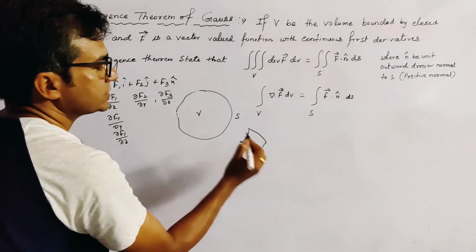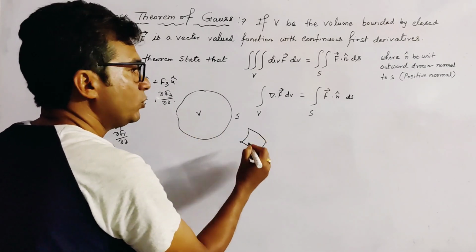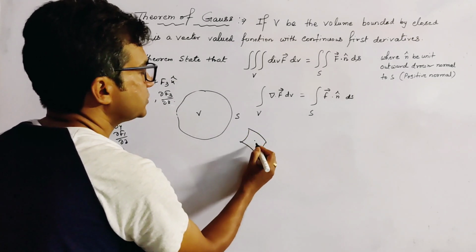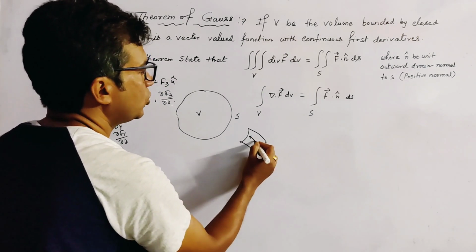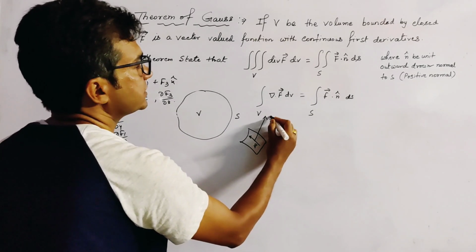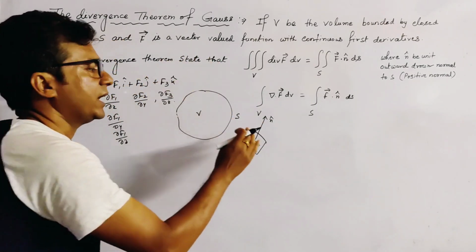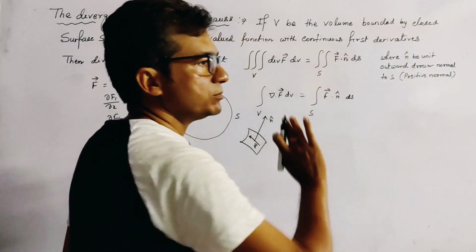We draw a unit normal to this surface at a point P, and this is the tangent. The perpendicular to the tangent is the direction of n. This is the outward direction, and the outward normal is taken to be the positive normal.